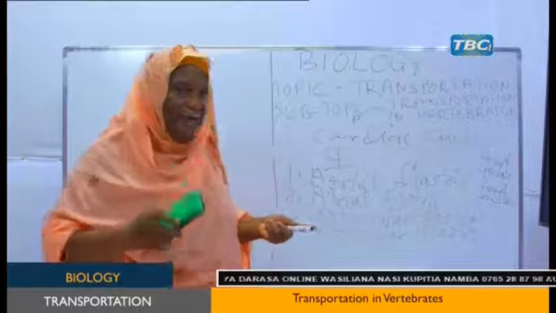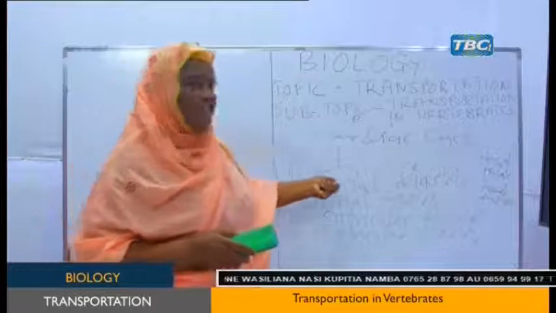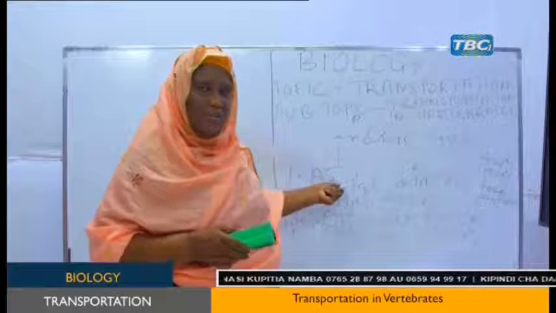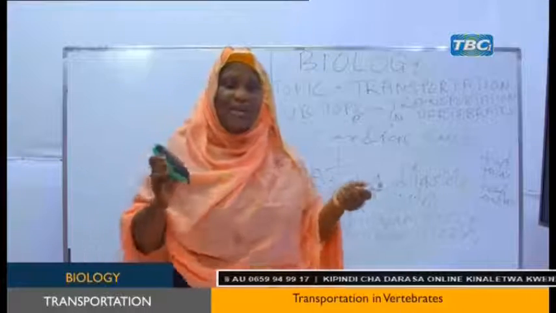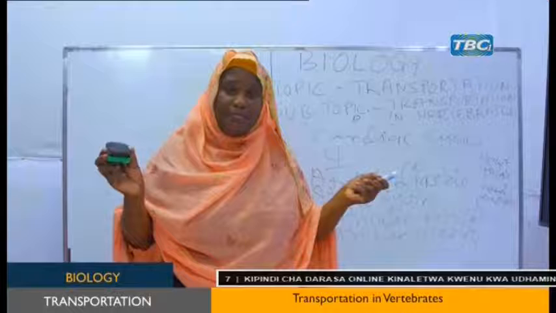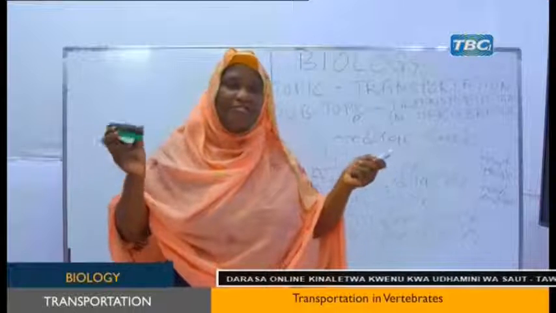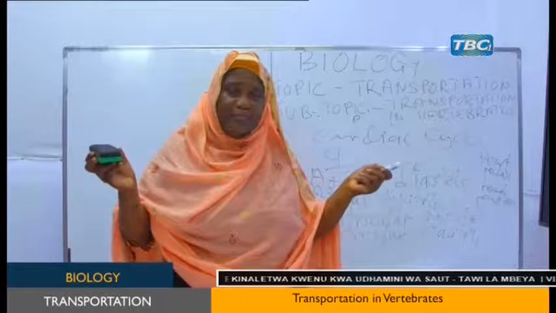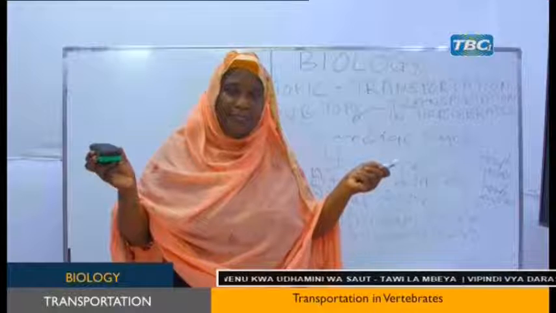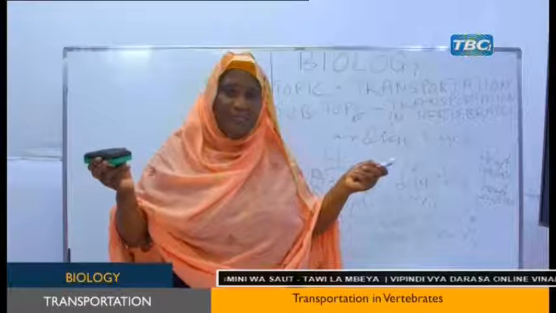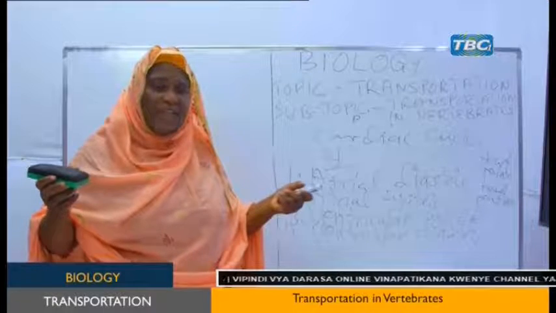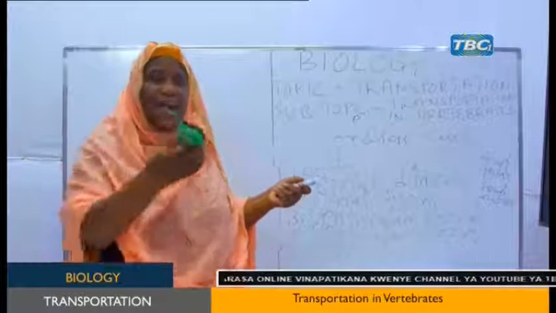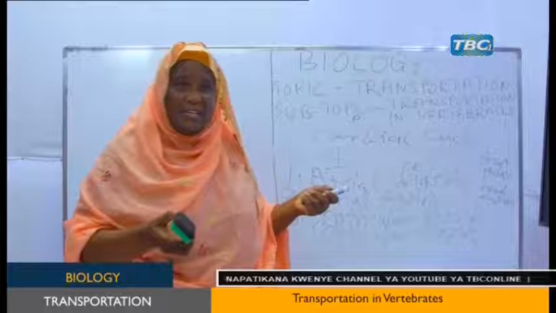Okay, mind you that during atrial diastole, we expect the atria to be relaxed at that time. The atria relaxed. Then, when they have been relaxed, it allows the blood to enter.